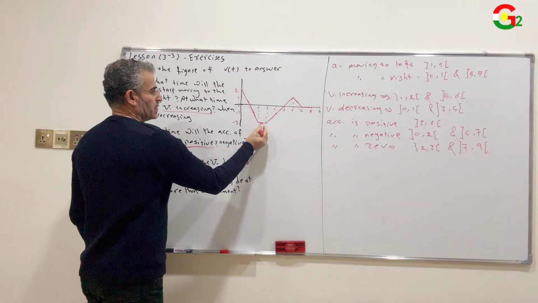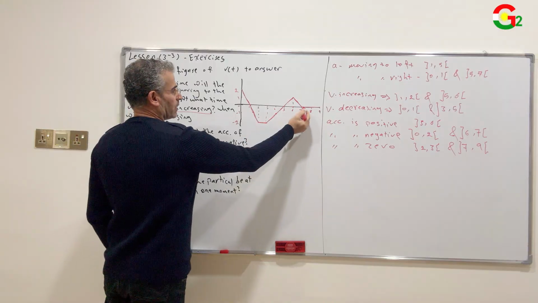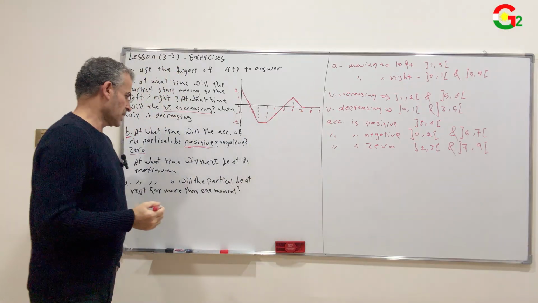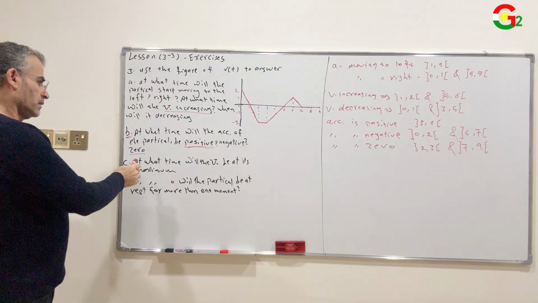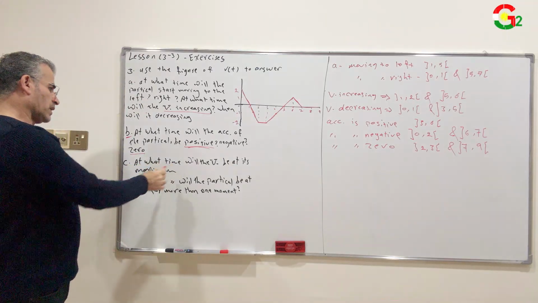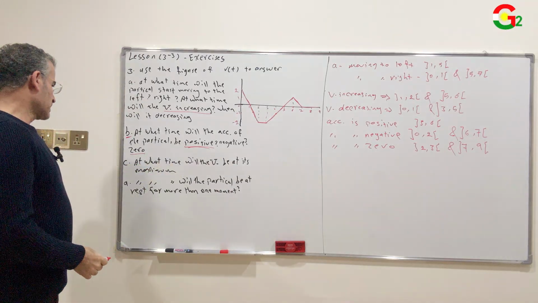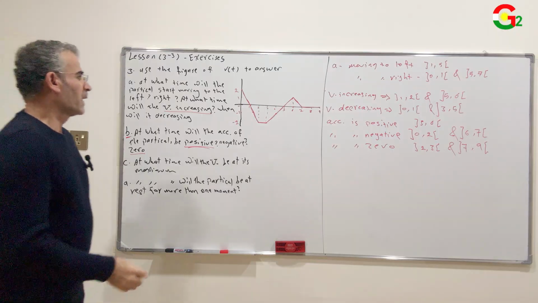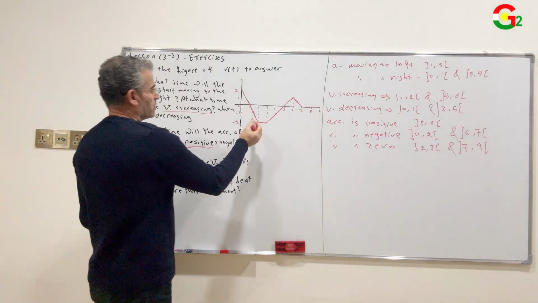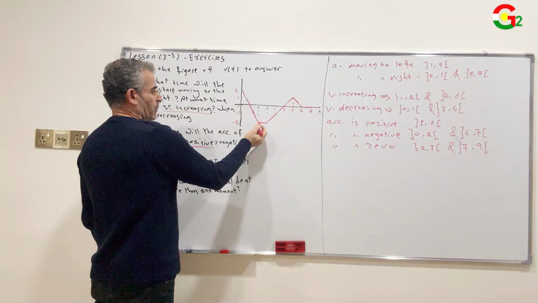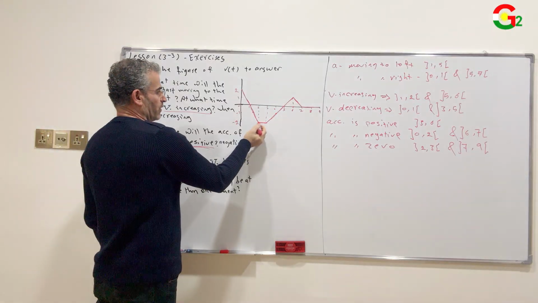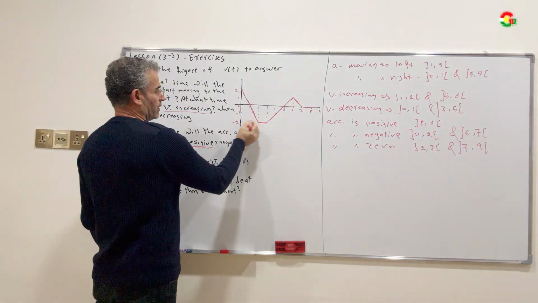When the graph is a horizontal line parallel to the x-axis. At what time will the velocity be at its maximum? As you see, here we have the maximum velocity at negative 2.